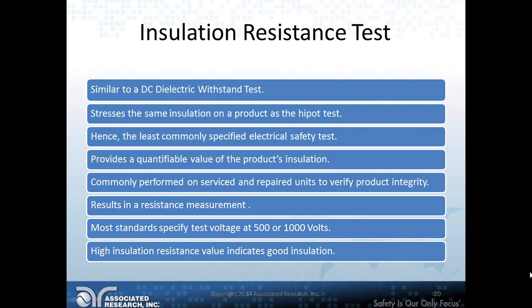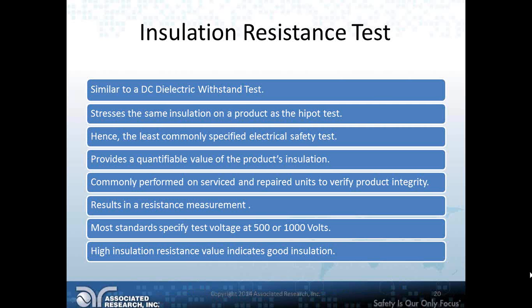Whereas the Hipot test, or the DC Hipot test, which is more similar to the insulation resistance test, is commonly specified as a production line test for electrical products. The Hipot applies an excessive voltage between the current carrying and non-current carrying parts of the product to stress the insulation system and verify its integrity by measuring the leakage current that flows as a result of the applied potential.